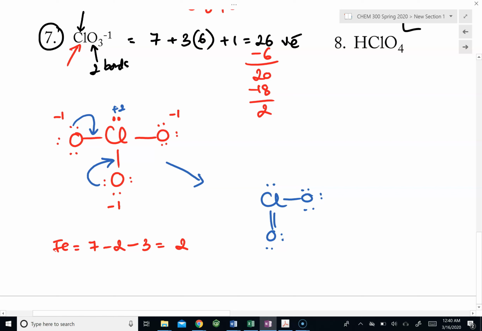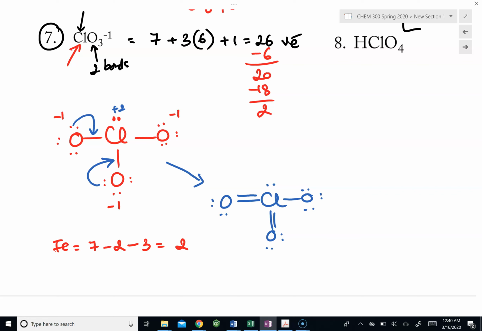So that lone pair is now used to form the double bond to the chlorine, and the oxygen on the left now has a double bond and 2 other lone pairs of electrons remaining. And there you go, 2 double bonds to the chlorine.